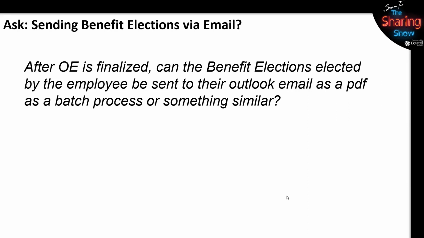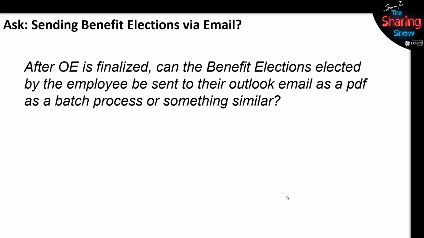Because there are times after we finalize open enrollment when employees come back and say, oops, I think I made a mistake, but they don't check until much later. If we have a PDF or something saying this is what has been finalized, then they can come back quickly and flag a mistake. So is there a way, after finalizing the benefit election, to send it out as a PDF attachment to an email? This is a great question.